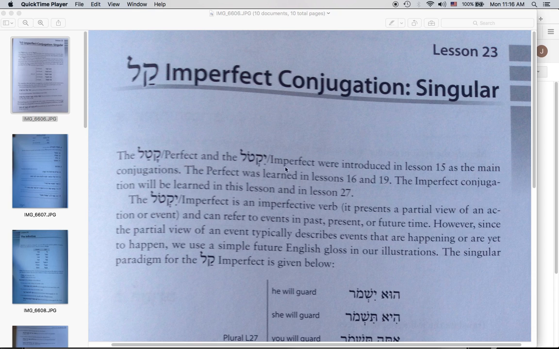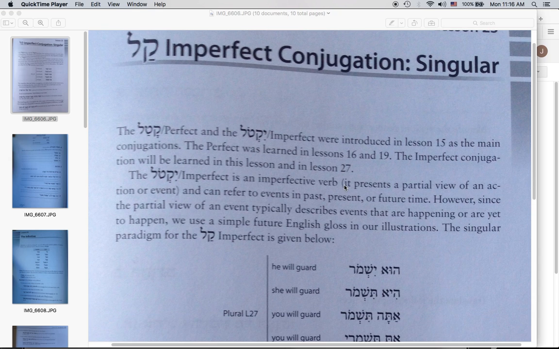We've covered the perfect both in its singular form and its plural form in lessons 16 and 19. So now we're going to cover the imperfect conjugation in this lesson in the singular form and in the plural form in lesson 27.